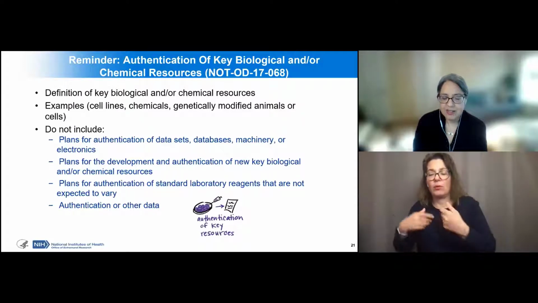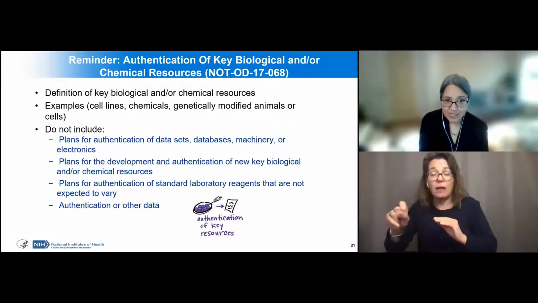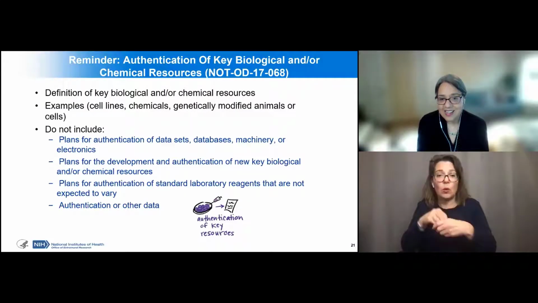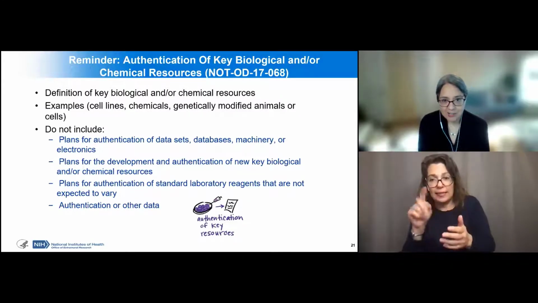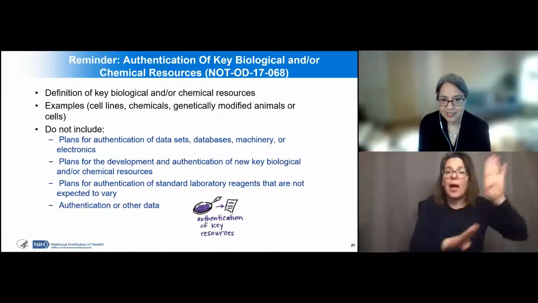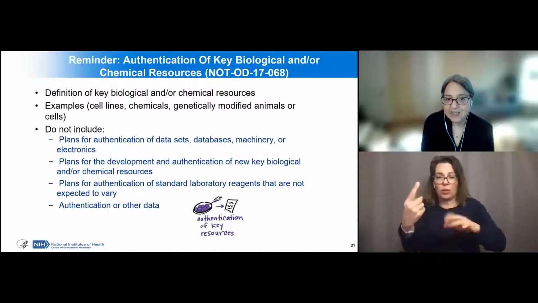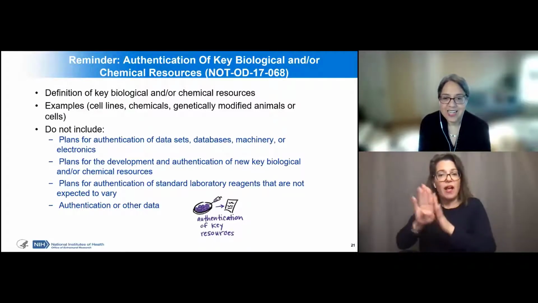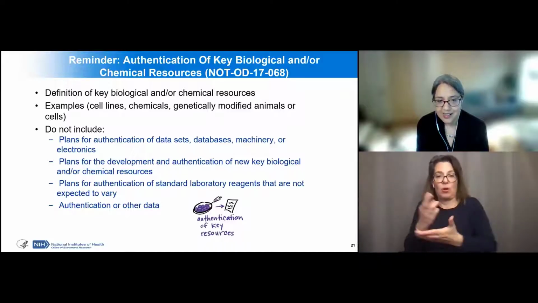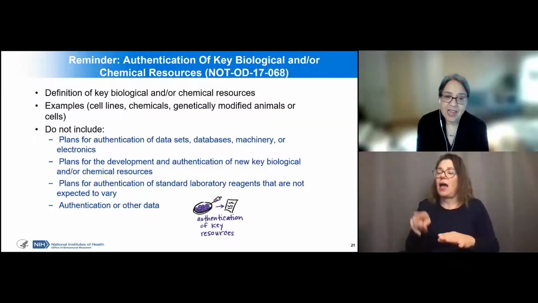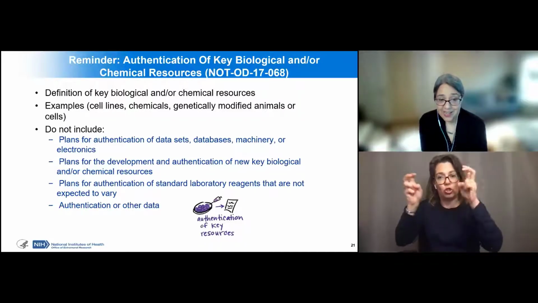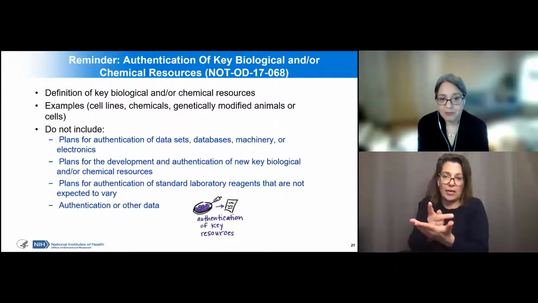Specifically, in the authentication plan, we said do not include any plans for authentication of data sets, databases, machinery, or electronics. This is only for biological and or chemical resources. Do not include plans for the development and authentication of new key biological and or chemical resources. Again, that should be described in the application itself under approach. The authentication plan is only for established resources.